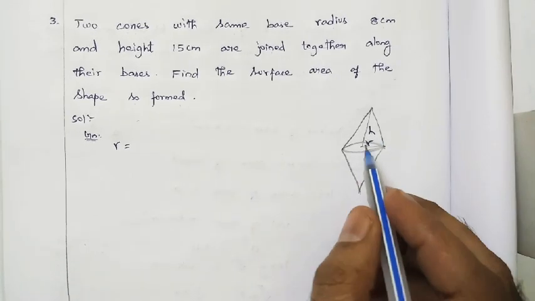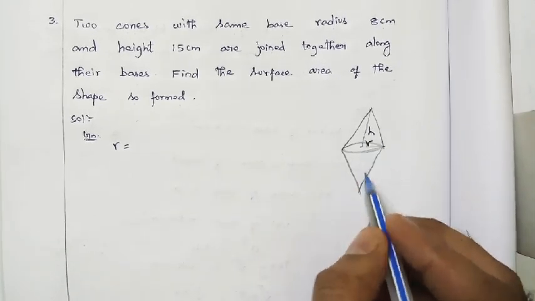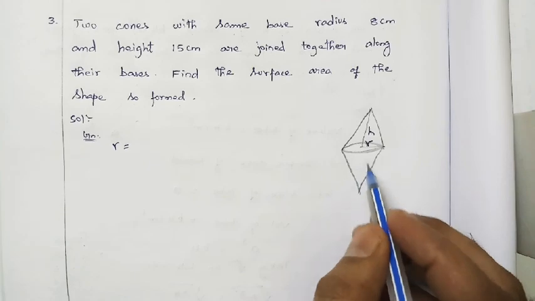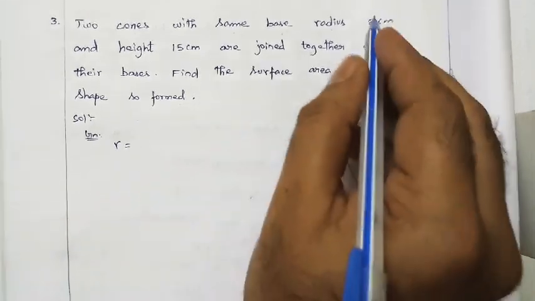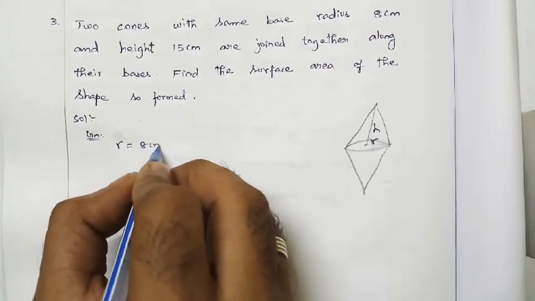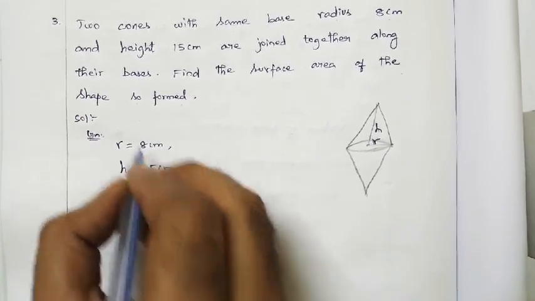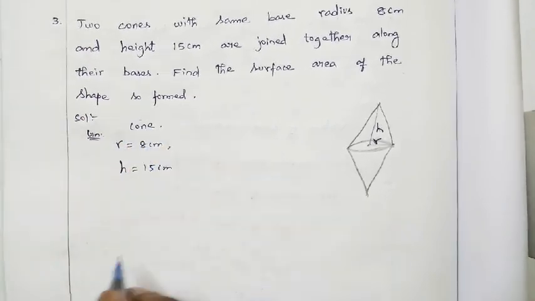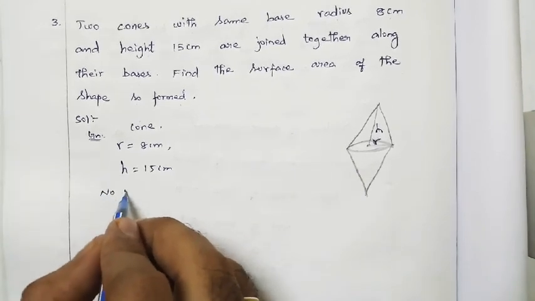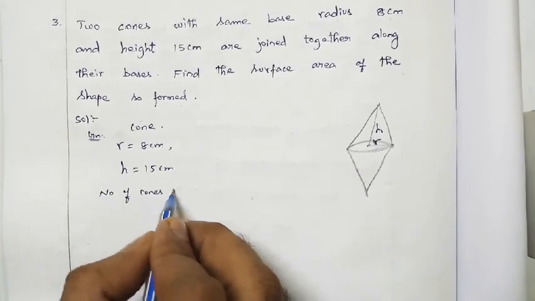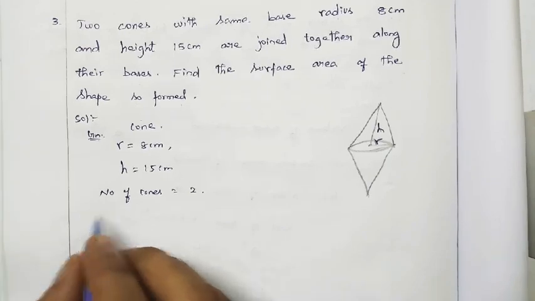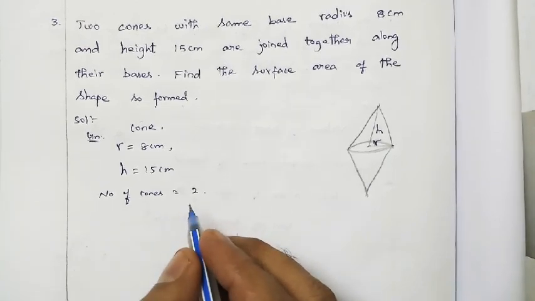But in this question we are having the same cone. So radius is equal to 8 centimeter, and height h is equal to 15 centimeter. Number of cones is equal to 2, same, so equal cones, right?